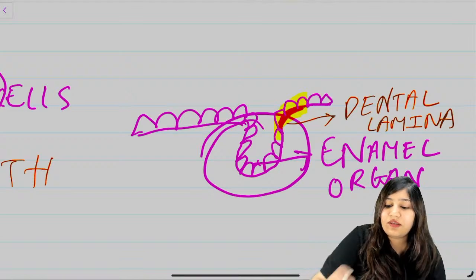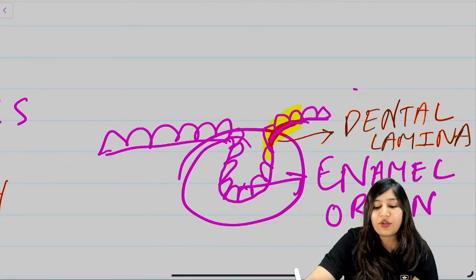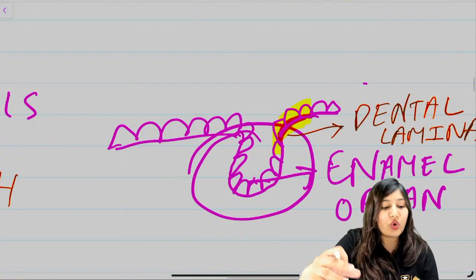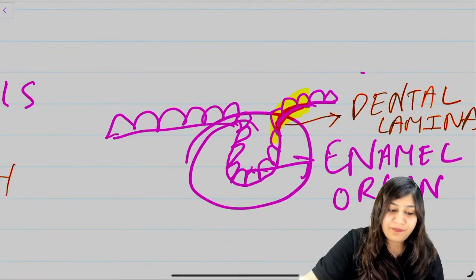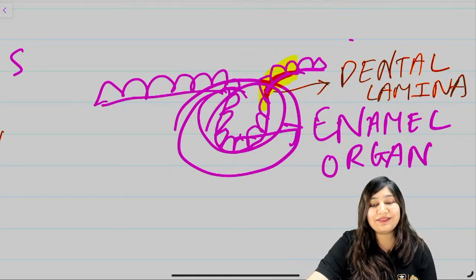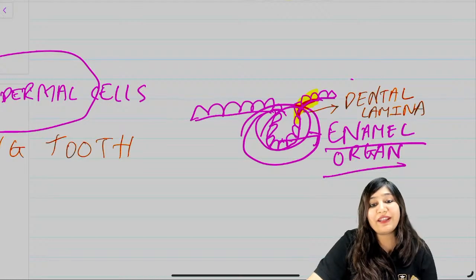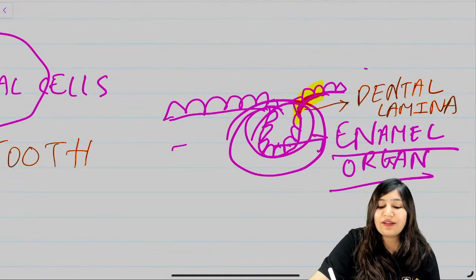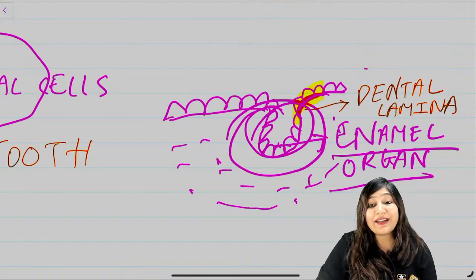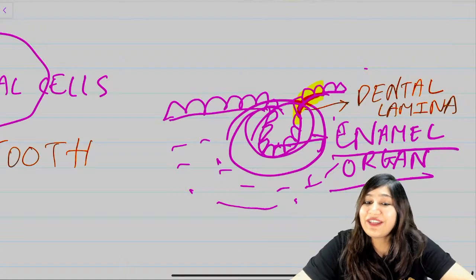So this connecting portion between the ectoderm and the enamel organ is our dental lamina, and the ovoid swelling is our enamel organ. So enamel organ leads to the formation of enamel, and the rest of the tissues are formed from the surrounding ectomesenchyme, which is our primitive connective tissue.